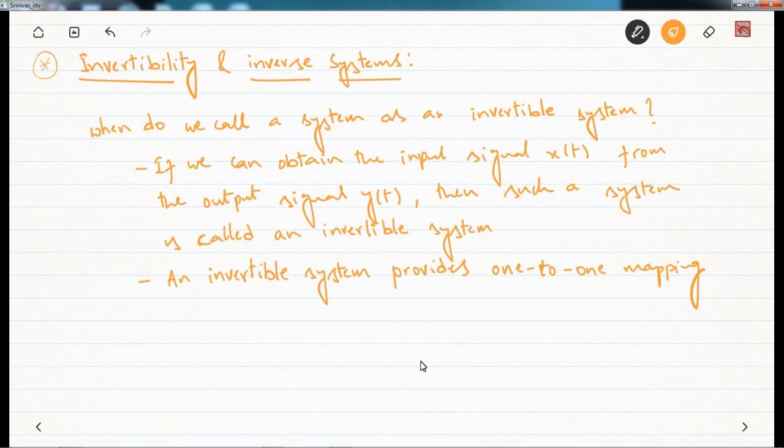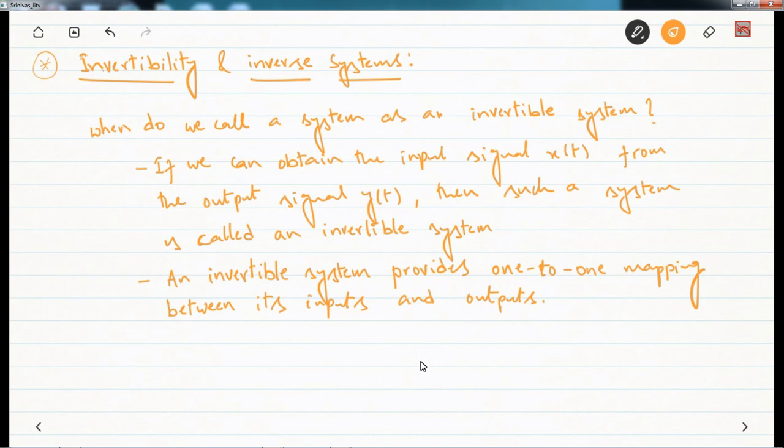So an invertible system provides one-to-one mapping between its inputs and outputs, right?